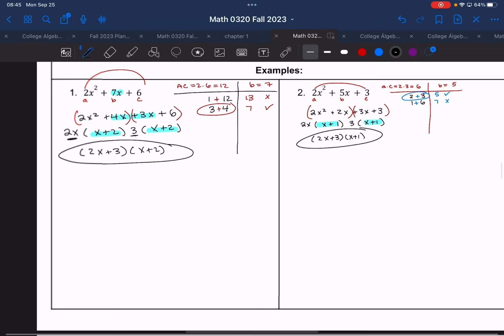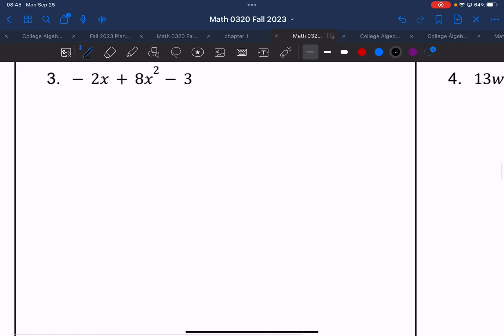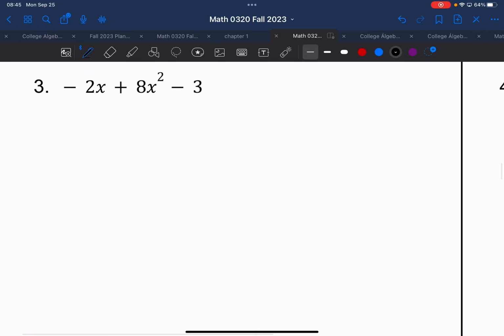Okay, let's look at number 3. First step, is this in the correct order? No. How would we write this in the correct order? Good. 8x squared minus 2x minus 3. Our x's have to be descending: x squared, x, and then nothing.